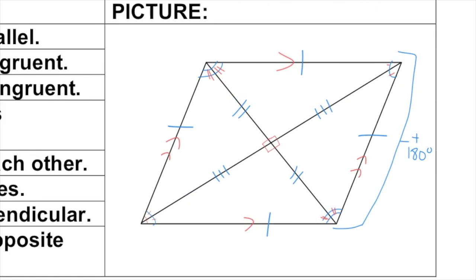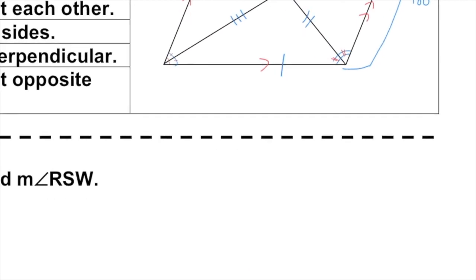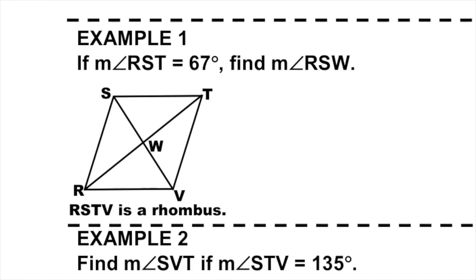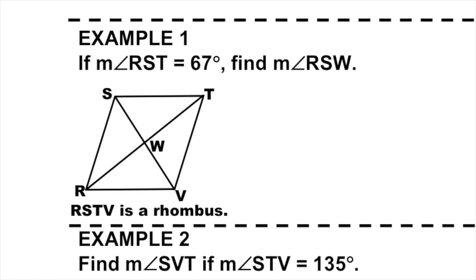So I know that's a lot of stuff, and of course you can come and ask me questions in class, but let's use some of this and maybe it'll make it a little bit clearer. So I've got the measure of angle RST, which is from R to S to T. So this whole angle right here is 67 degrees. It wants me to find RSW, which is just this angle right here, okay?